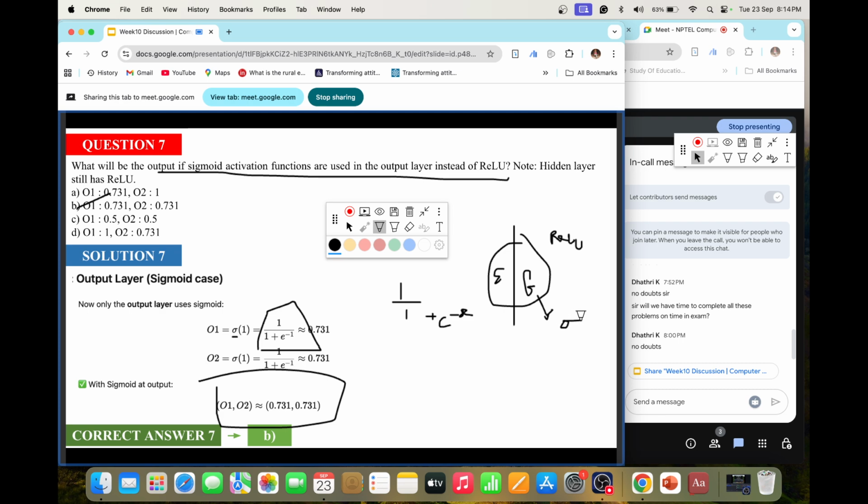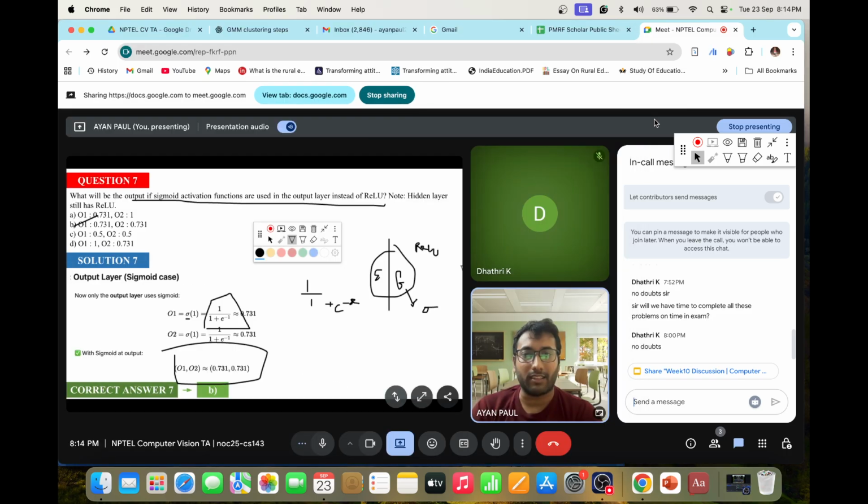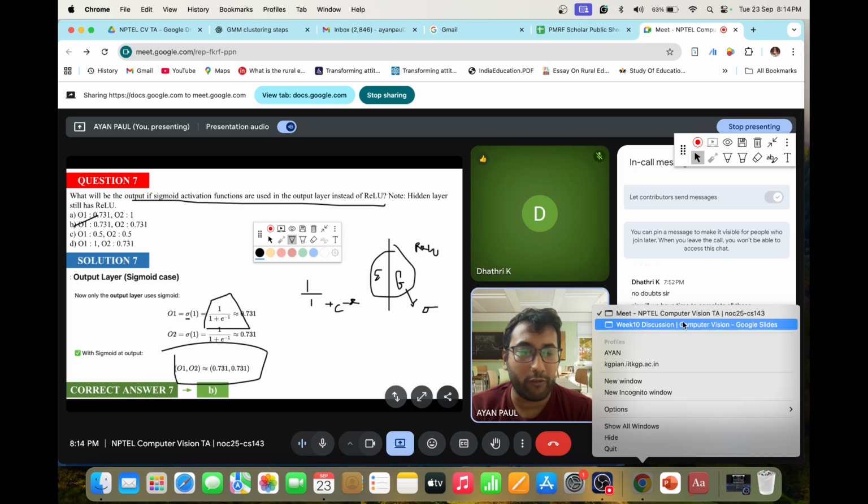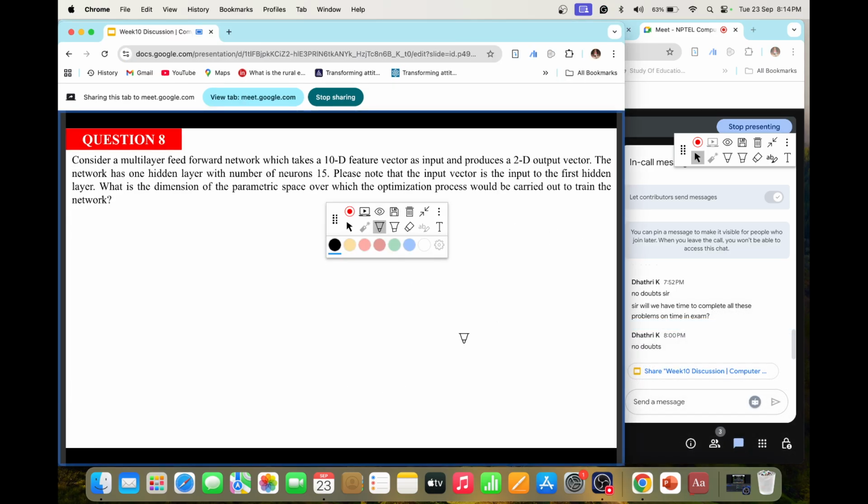So this is the difference between your question number 6 and question number 7. So is it clear? Clear, right? Nice.